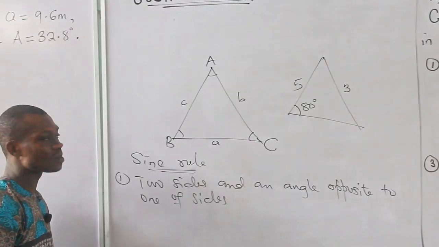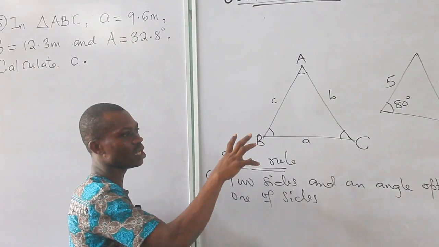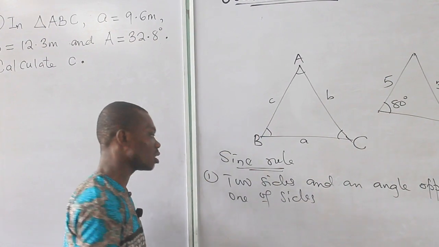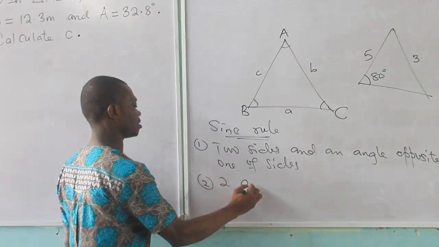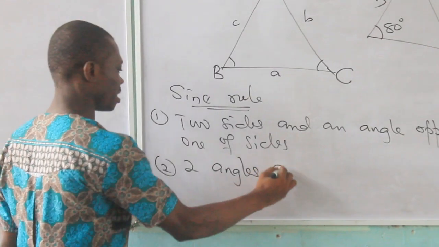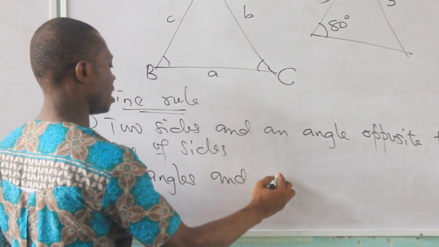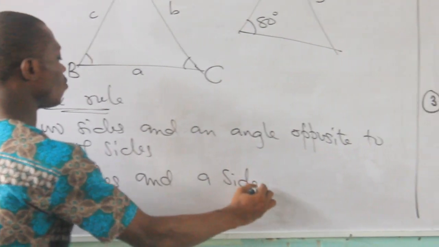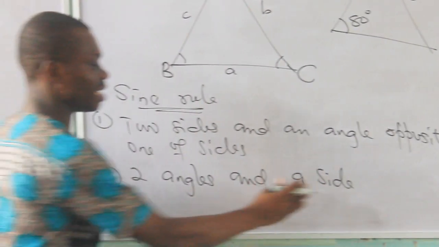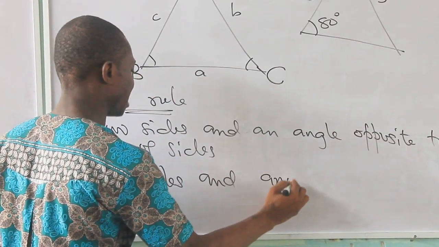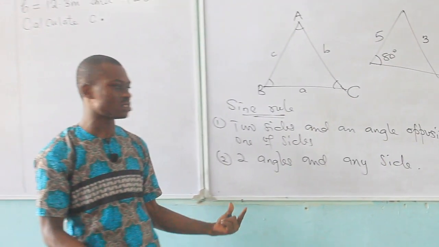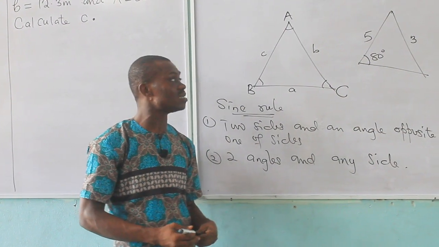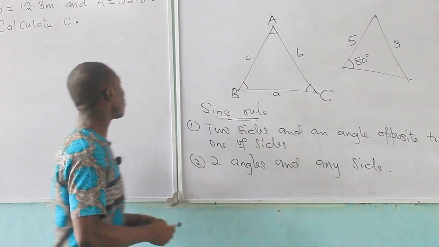Another kind of situation where the sine rule works is if we are given two angles and any side at all. So if we are given two angles and any side, then the sine rule can work. What does that mean?